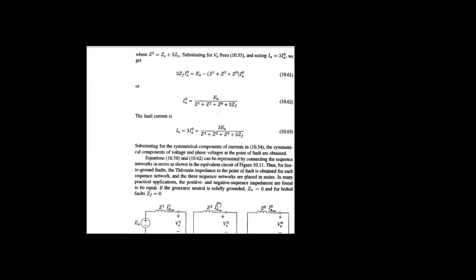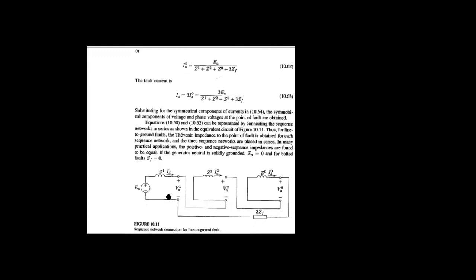So that will be the diagram for the single line to ground fault based on that equation. This is the positive sequence network, negative sequence network and zero sequence network, and how they are interconnected in terms of IA naught.